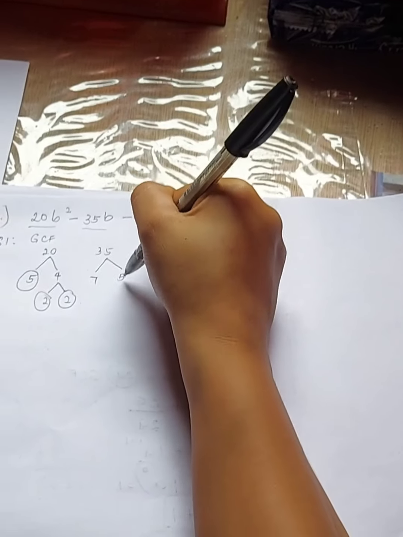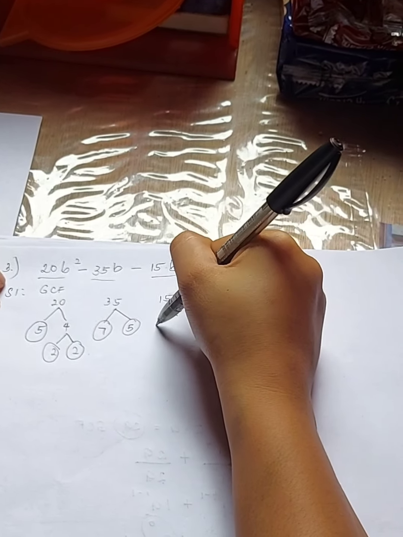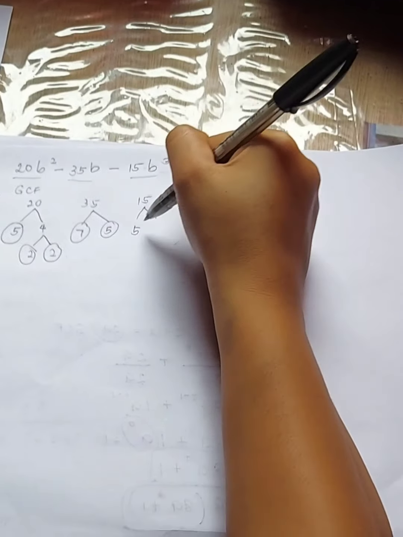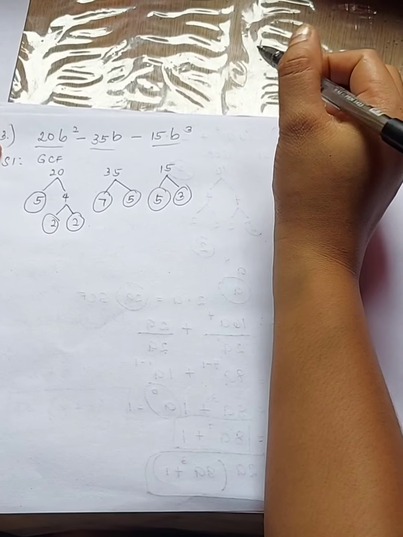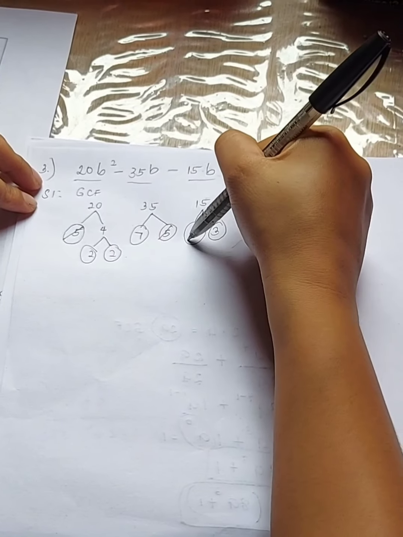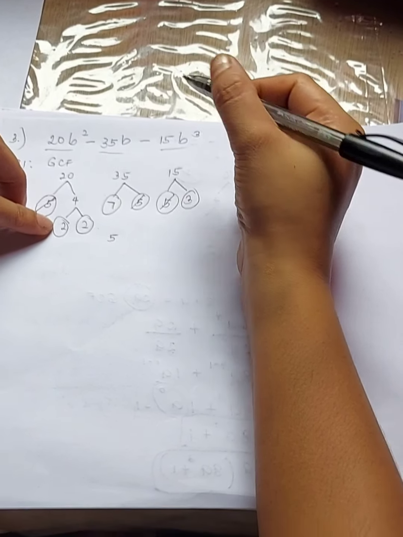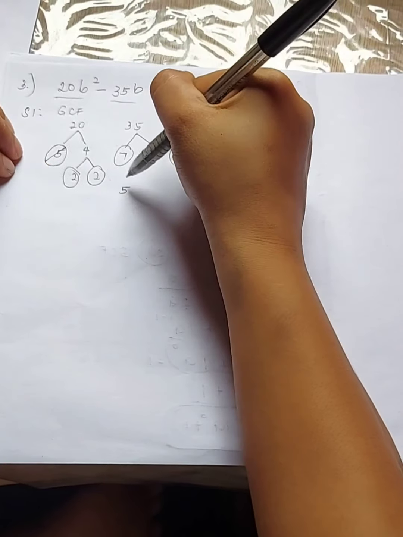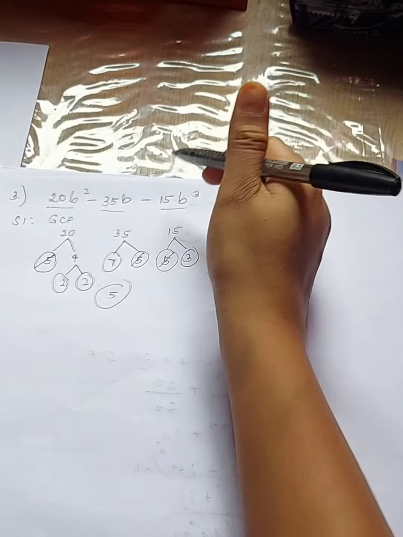So these are already prime factors. 15 is equal to 5 times 3. So we will look for the common factor. So that would be 5, 5, 5. So you write it down. Then 2. There is no 2 here. So this is our greatest common factor for the numerical coefficient.